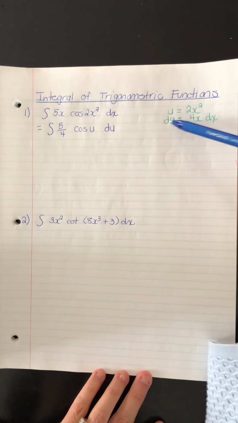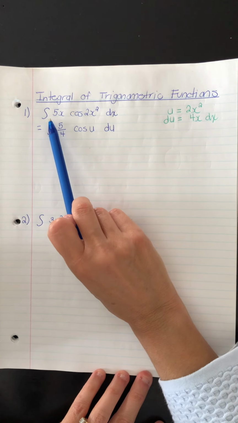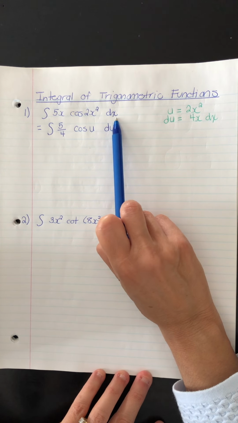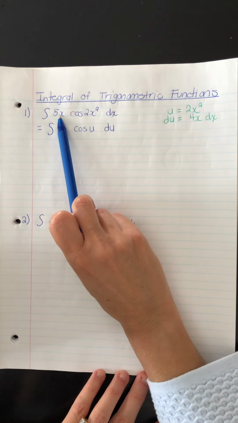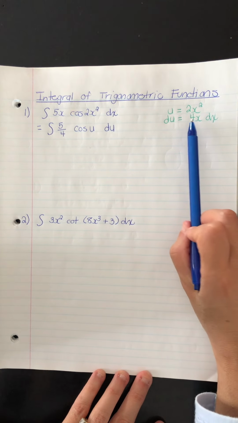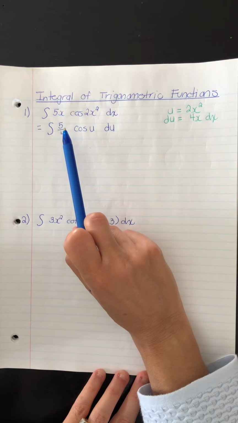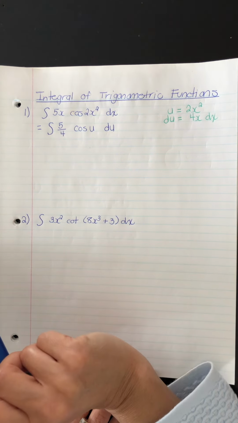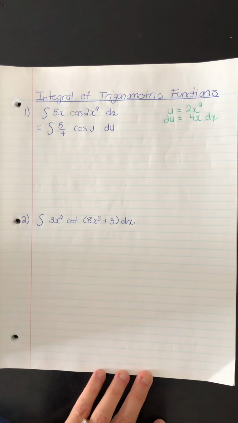We found the derivative of u, and since that is 4x dx, and here we have 5x dx, when you divide 5x dx by 4x dx, you will get 5/4. So that's what we have, 5/4 du.